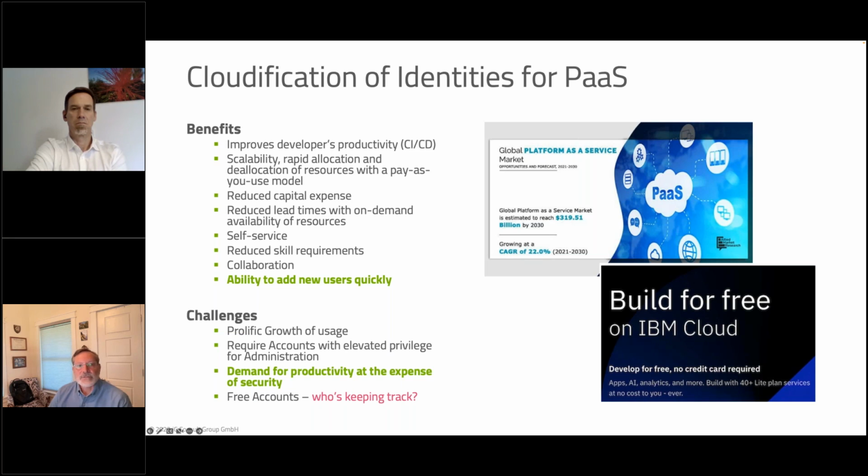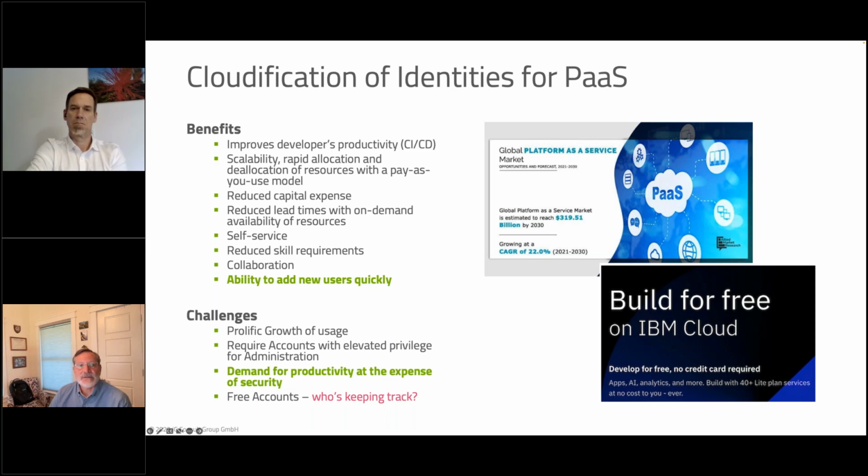And free accounts, as you can see there, build free on the IBM cloud is an advertisement. No credit card required to develop for free, and that's very attractive to software engineers. And again, your resources start moving to the cloud very quickly.